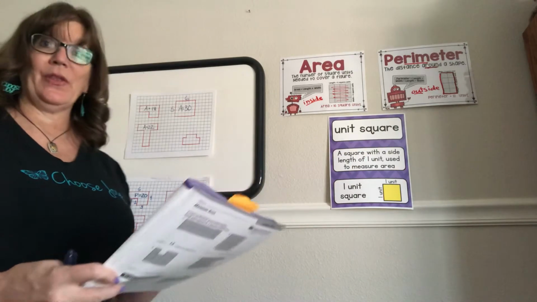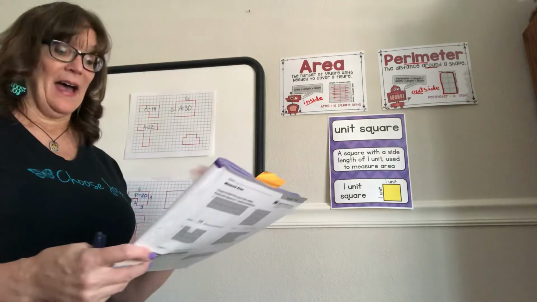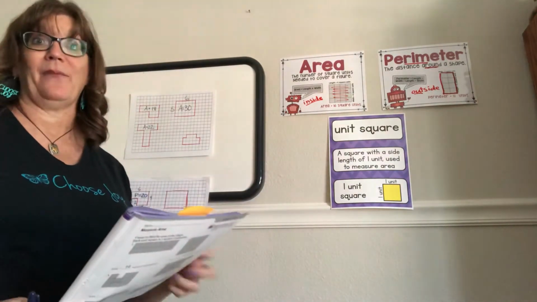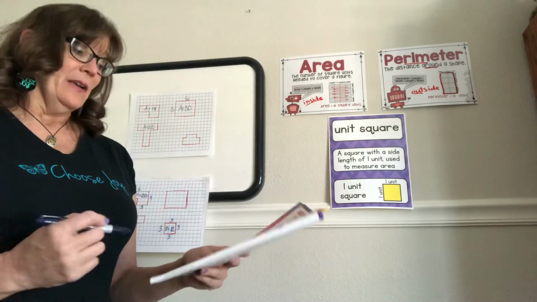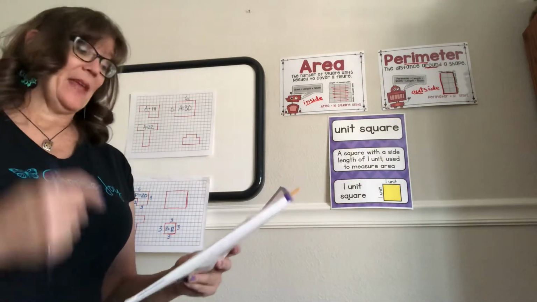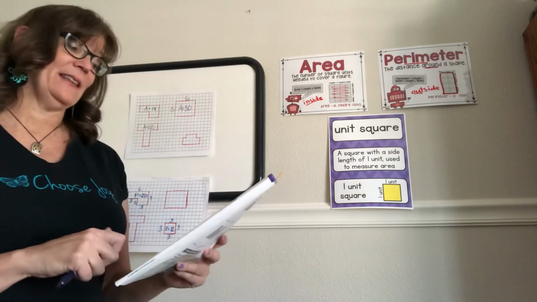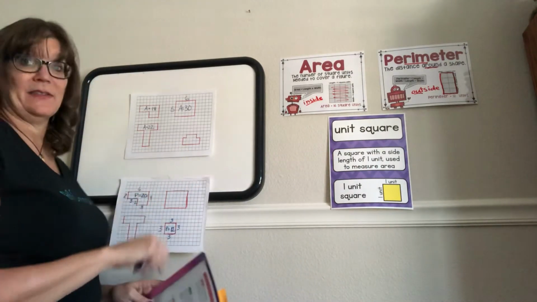When I was going through the Personal Math Trainer yesterday in Go Math, I read a problem like this incorrectly and I was confused for a little bit. Then I read it again and I saw the same area as a square with a side length of 5 units. So I knew that I needed to make this a square.